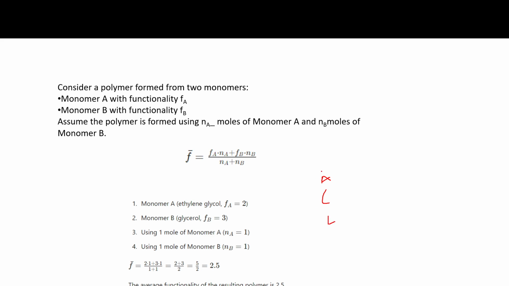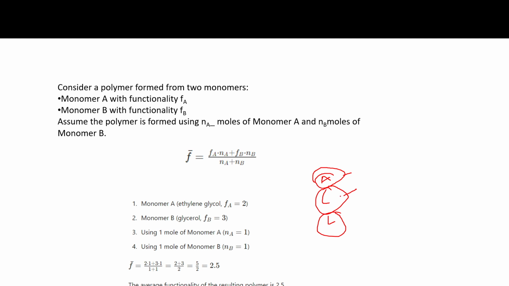Addition polymerization involves free radicals, condensation involves a condensate product or functional groups, and living polymerization is of a different type like ATRP or ring opening polymerization.